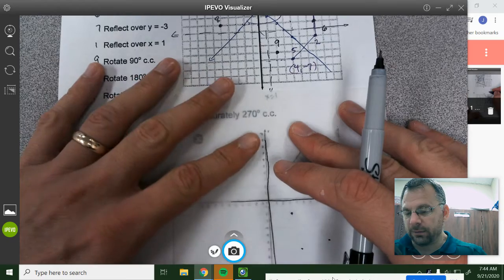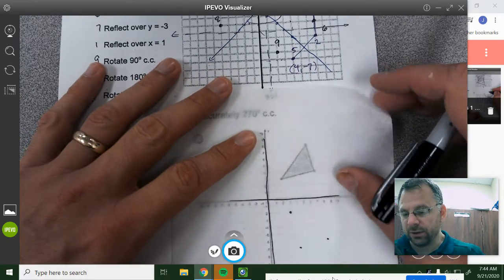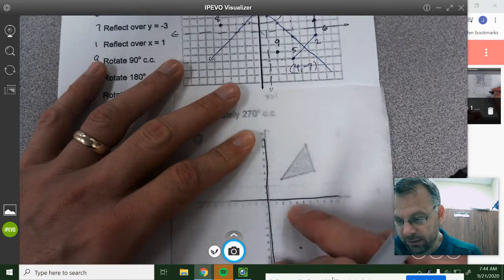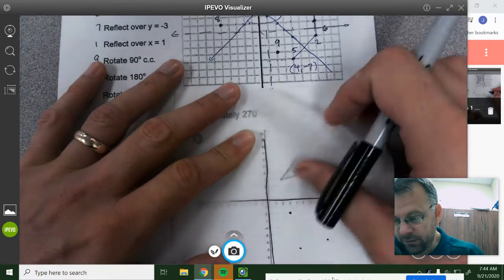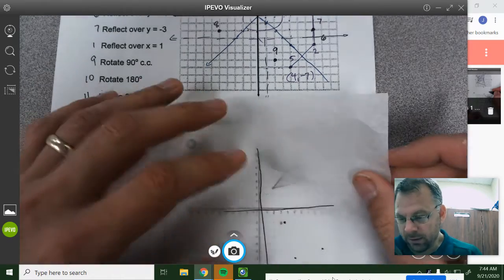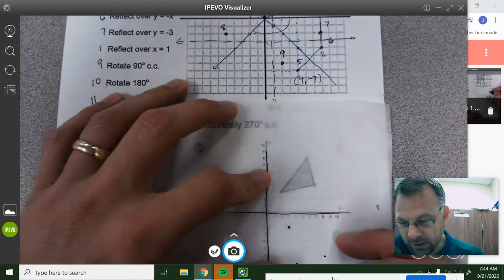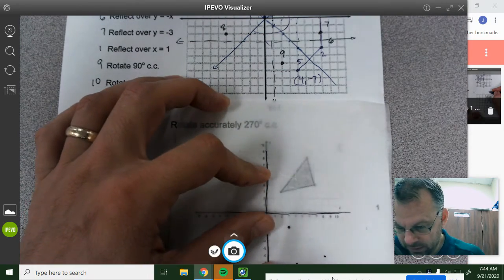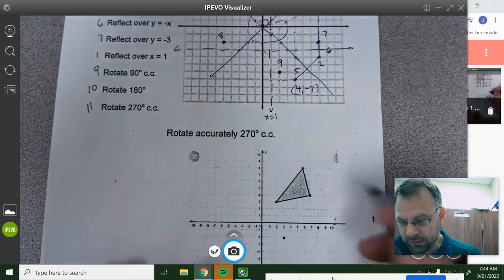So I'm right over here, and these are my 3 points. I'm just going to plot these down here. This one looks like it's 3, -2. Looks like there. The next one looks to me like about 8, -6.